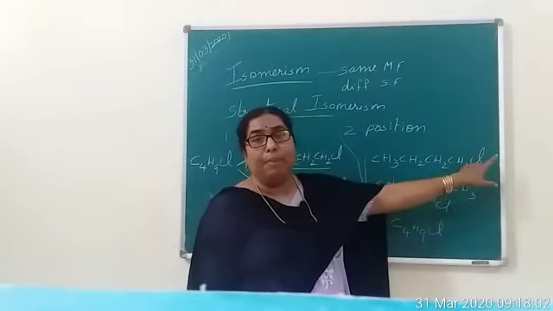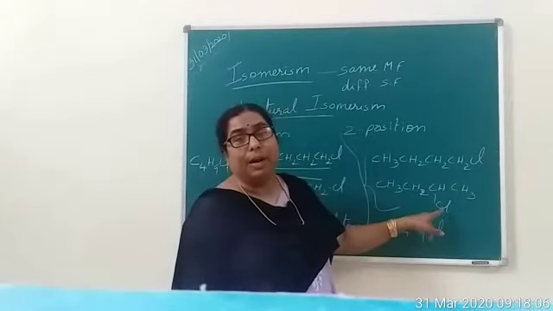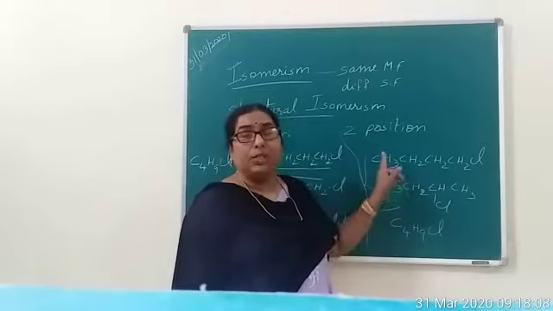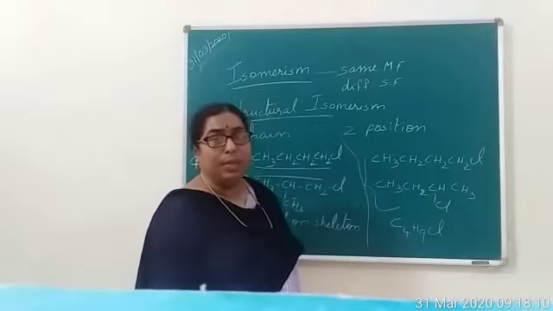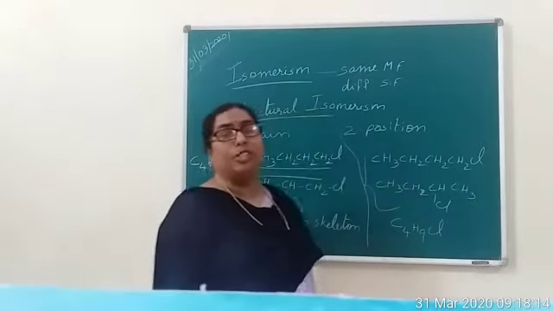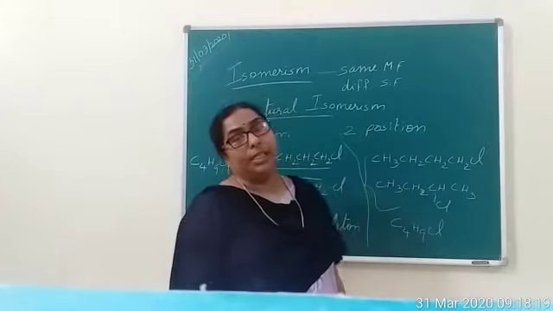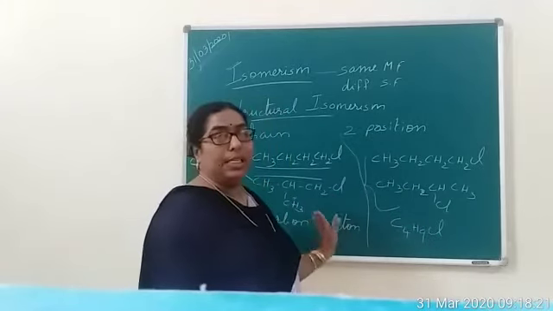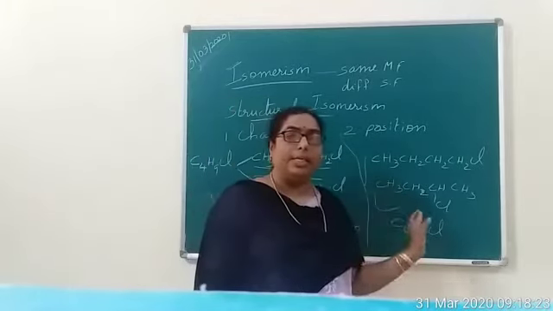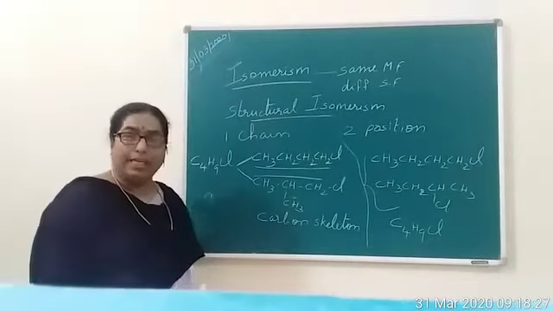In the first compound, the substituent chlorine is in first position, but in the second compound it is in second position. This type of structural isomerism, in which the compound shows difference in the position of substituent or functional group, is termed as position isomerism. So these are the two types of structural isomerism exhibited by haloalkanes.